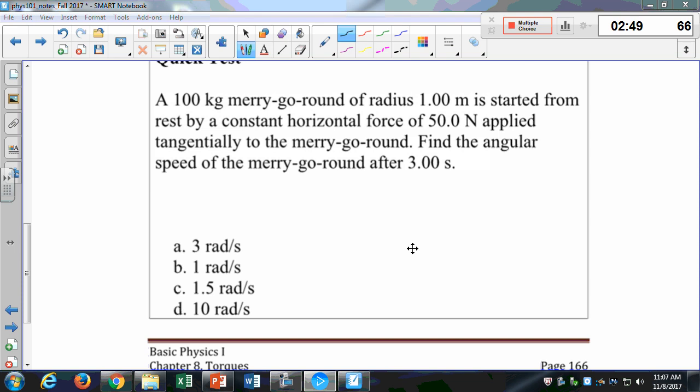All right, let's stop in about 15 seconds or so. Stop at 3:05.